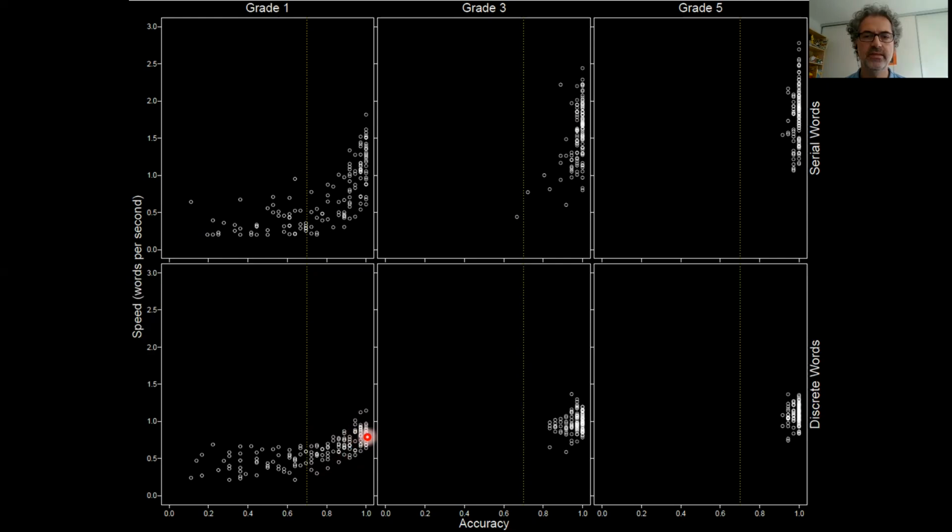Remember, this concerns isolated words, so children respond to individual words shown on the screen. In grade 3, there aren't any inaccurate children. Almost every child is above 80% correct, and everyone is a bit faster than they were in first grade, of course. And then in grade 5, they're another bit faster also. This is higher than this, and also a bit more accurate.